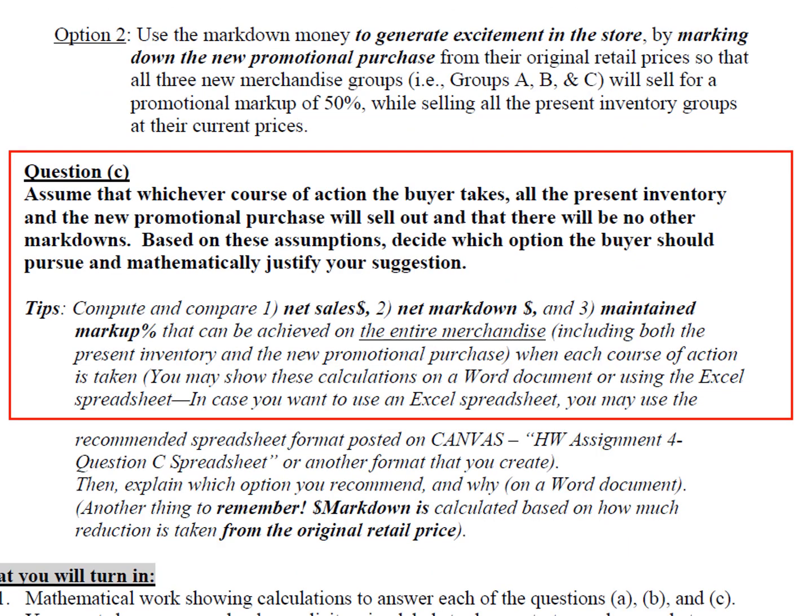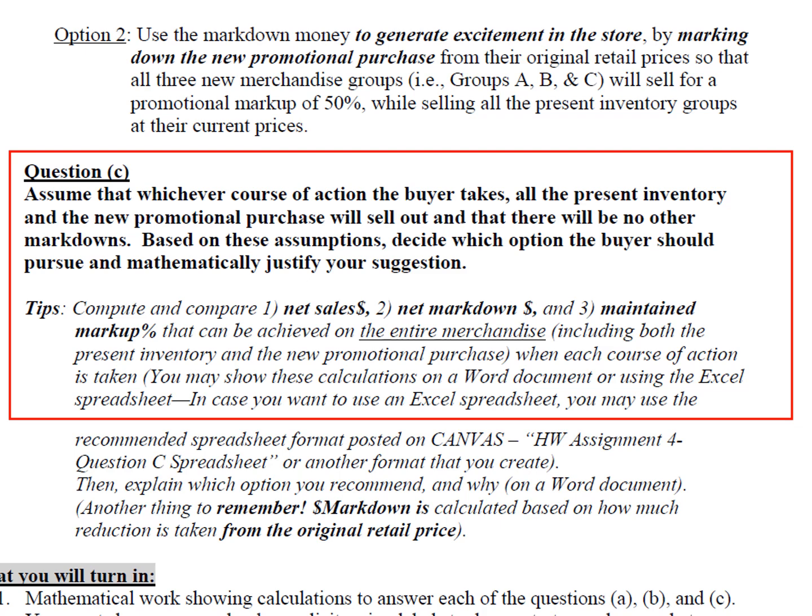So given these options and all the background information, now the last question is question C. Let's assume that whichever option, option 1 or option 2, this buyer decides to take, all the present inventory and all the new promotional merchandise will sell out.